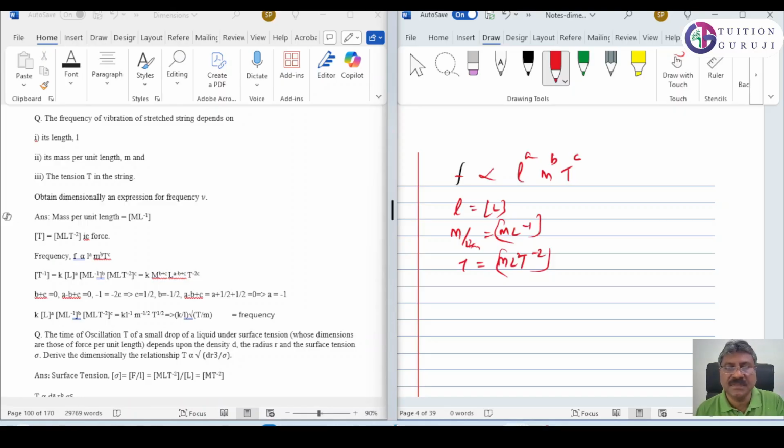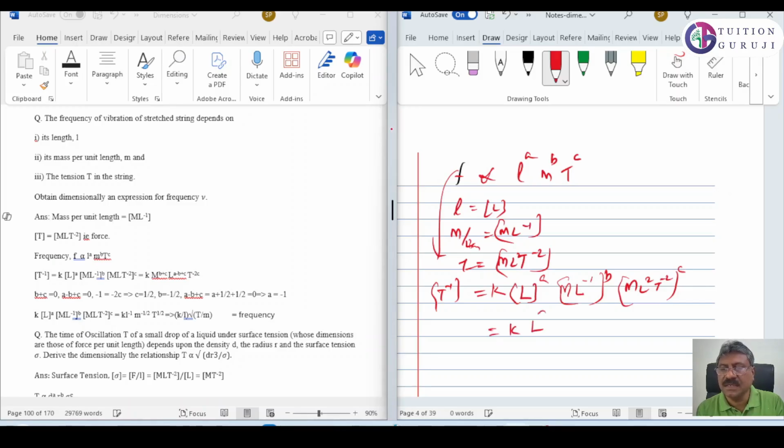The dimension of frequency is T raised to minus 1, which is equal to a constant into L raised to a, mass per unit length M L raised to minus 1, the whole raised to b, then tension is force, M L T raised to minus 2, raised to c.